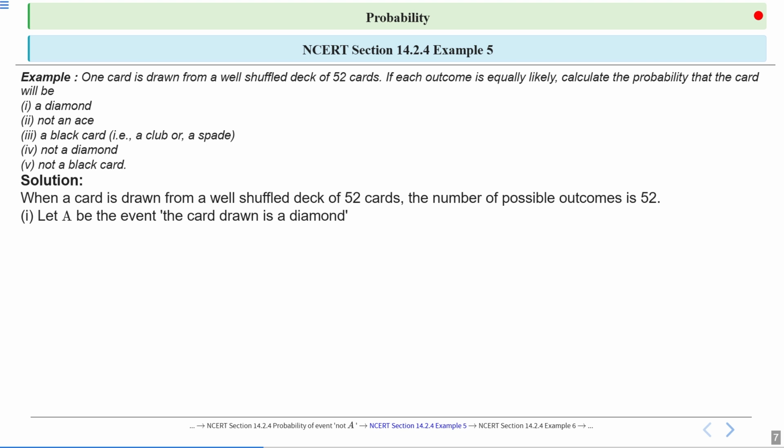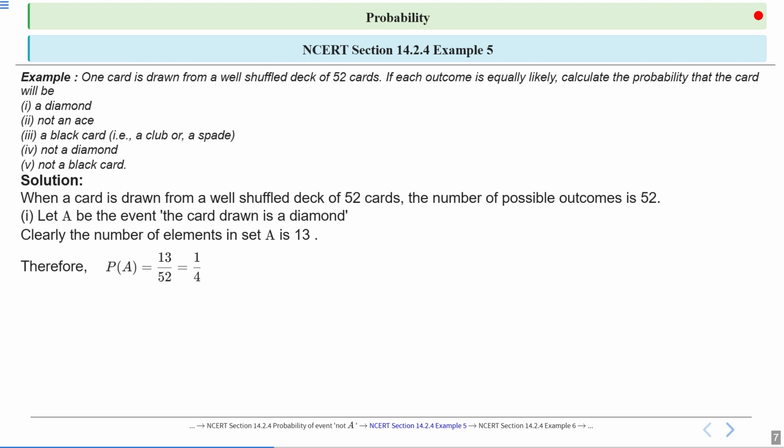Now find how many outcomes you will get which are diamonds. Clearly the number of elements inside A is basically 13. You all know a well shuffled deck of 52 cards has 13 diamonds. So the number of elements inside A is 13. Clear?